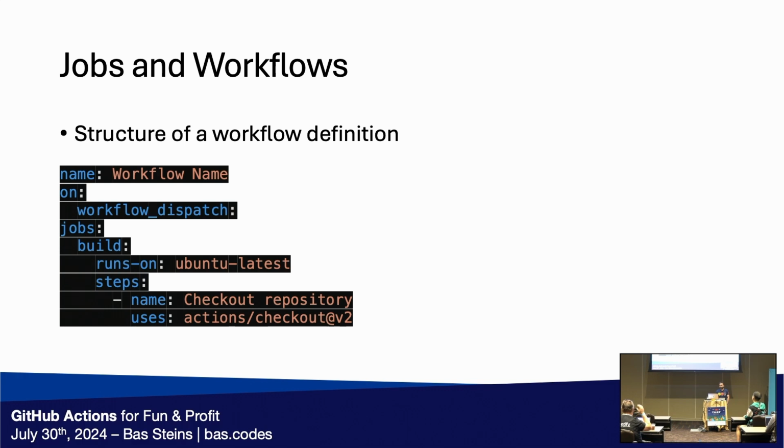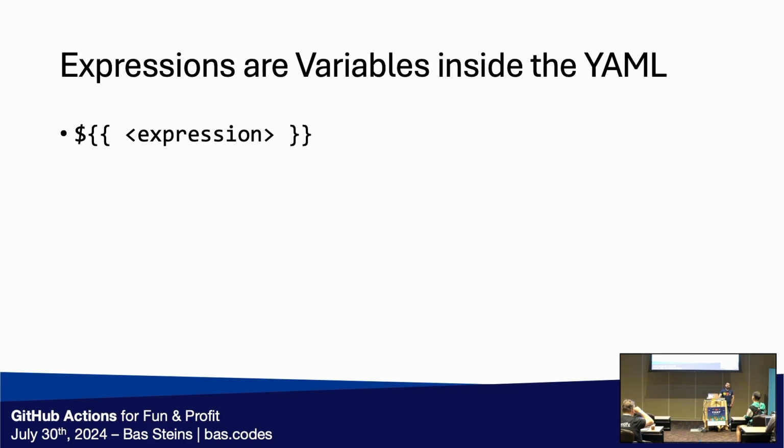It wouldn't be automation if we couldn't substitute variables. So there are expressions in this YAML file, which look like a dollar sign and then curly brackets. Inside of that is an expression that on run gets automatically replaced with whatever value you have.